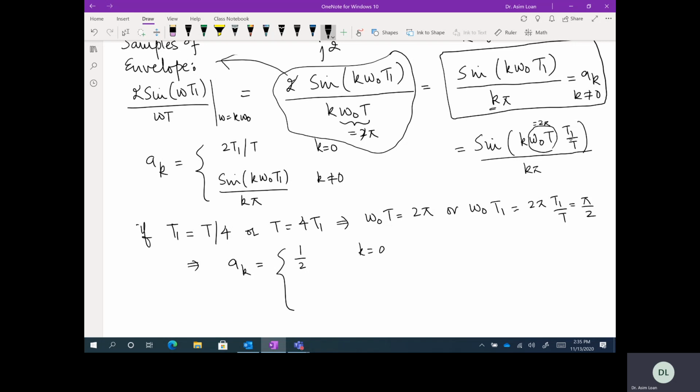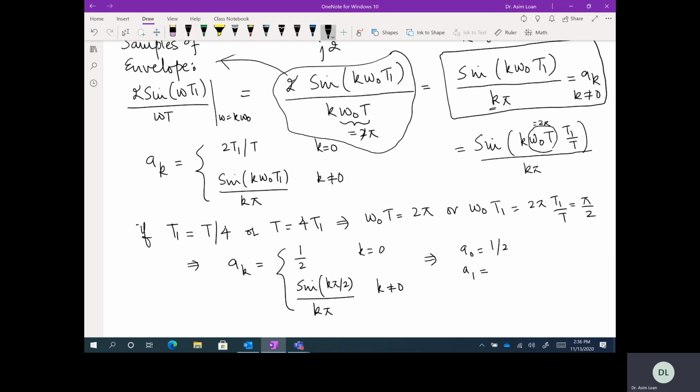So when t1 over T is 1 by 4, this will become sine k pi by 2 over k pi, and this is for k not equal to 0. And this implies a naught equals half.